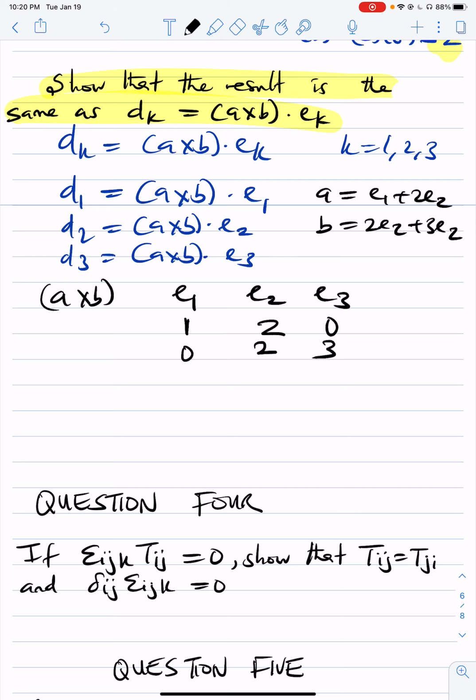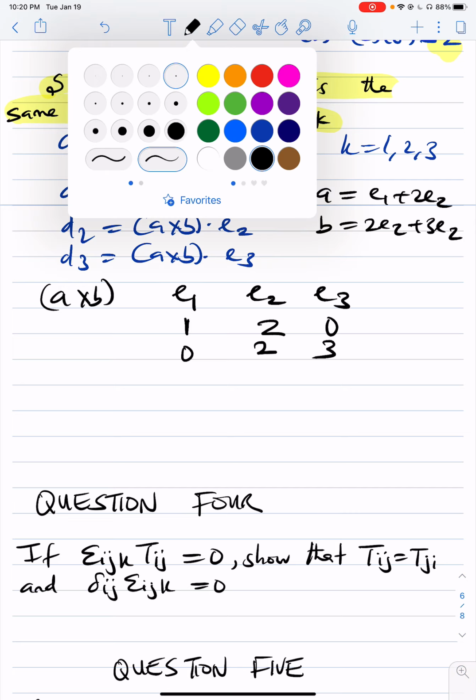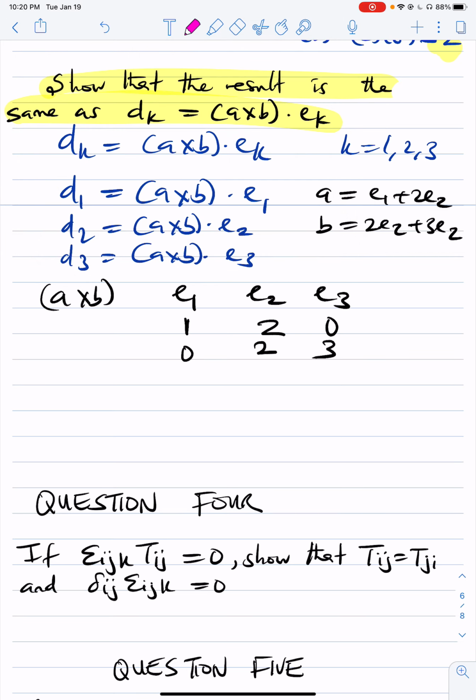So to find the cross product of this, it's similar to finding the determinant, right? So look at E1. Does this make sense? 2 times 3 is 6E1, minus 0. Then remember this is plus, negative E2. If you take E2, then you're simply looking at 1 times 3 minus 0 to give you 3E2.